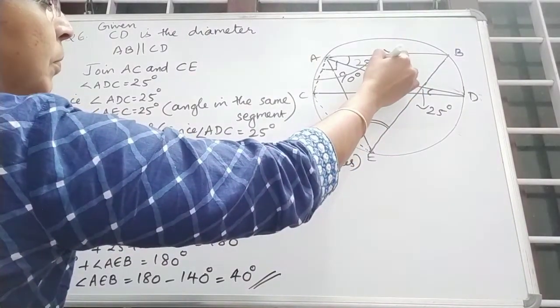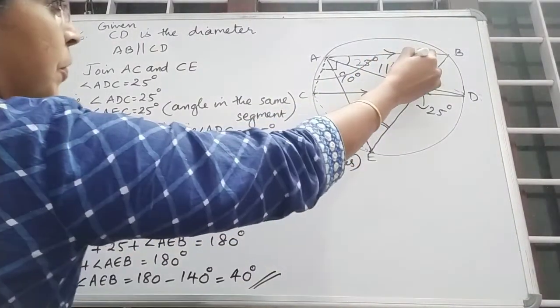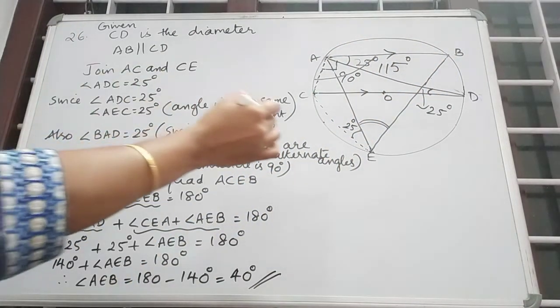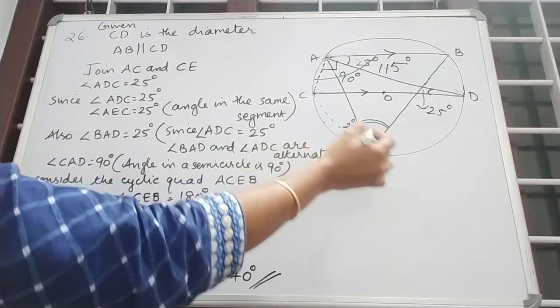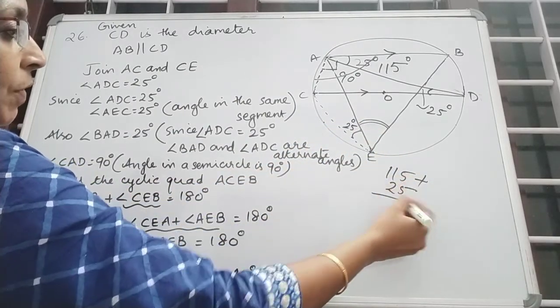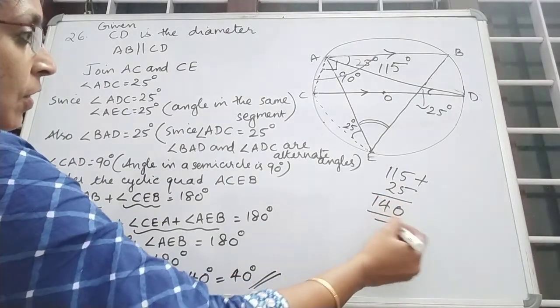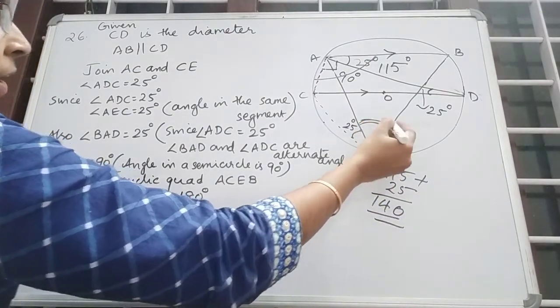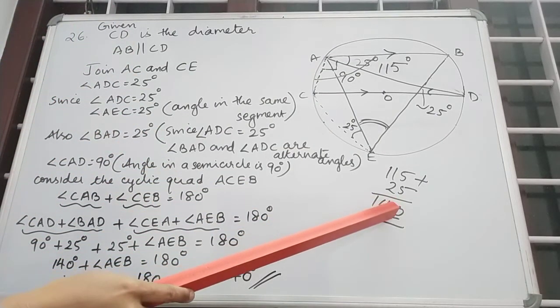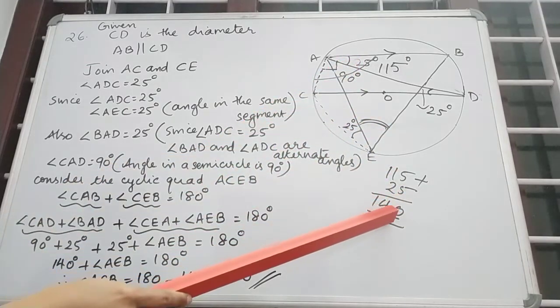Then this also we want to add. Which one? 25. So 115 plus 25, we will get it as 140. So what about this angle?